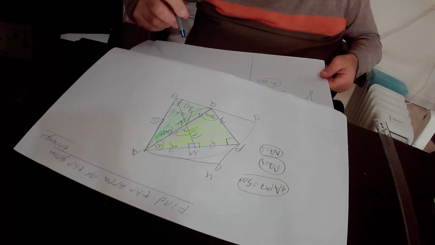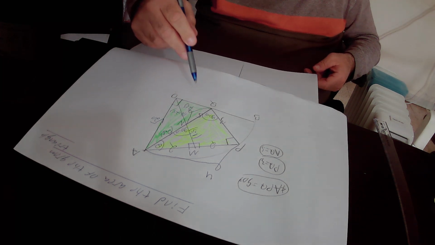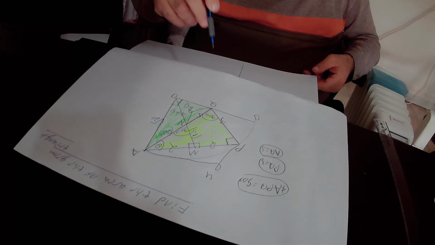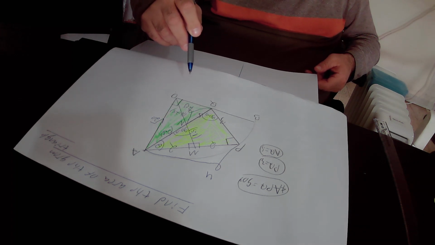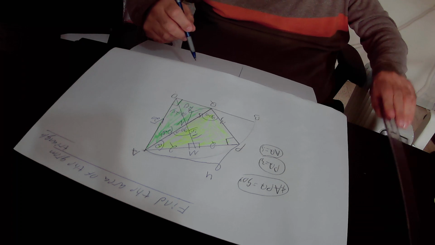In the next step, I will copy the right triangle AQO onto a new page and we will apply the Pythagoras theorem to this right triangle AQO.